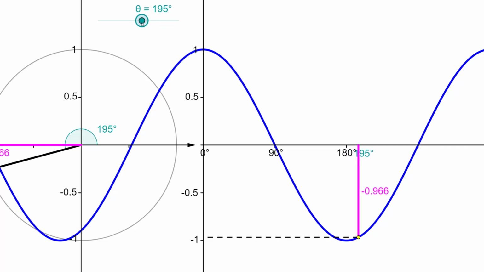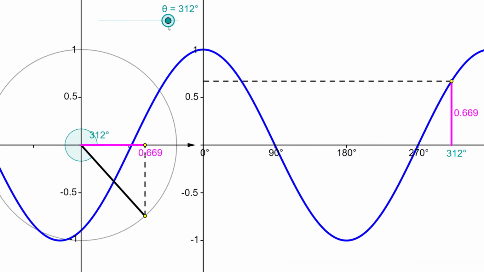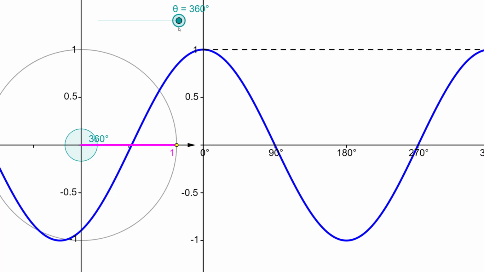Okay, and so on, completing one round on the top, 360 degrees. So the cosine function starts from 1 and decreases to 0 like this, and then increases to the maximum again. And the period of this function is 360 degrees, which is 2 pi in radians.